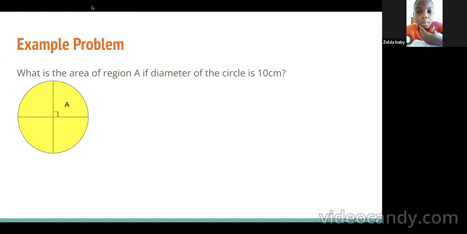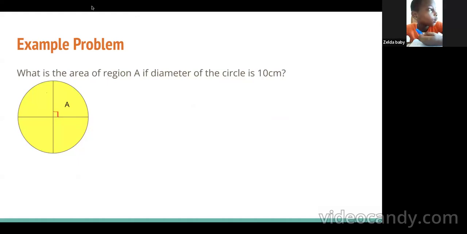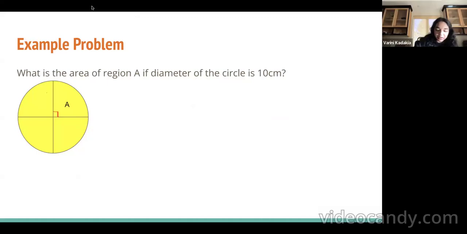Like, how many times does 90 go into 360? 4 times. Yeah, 4. So that means the area of this sector will be 1/4 the area of our entire circle, right? That part makes sense? Yeah?